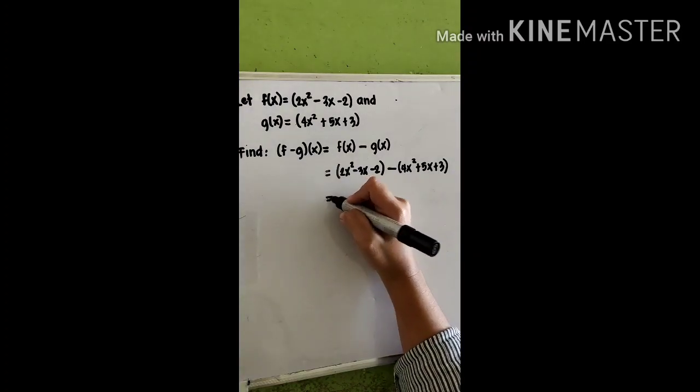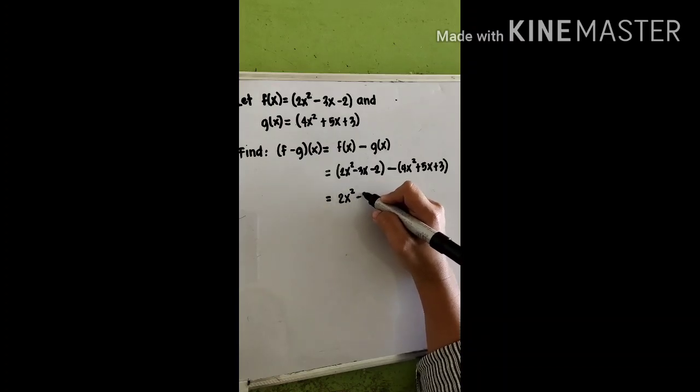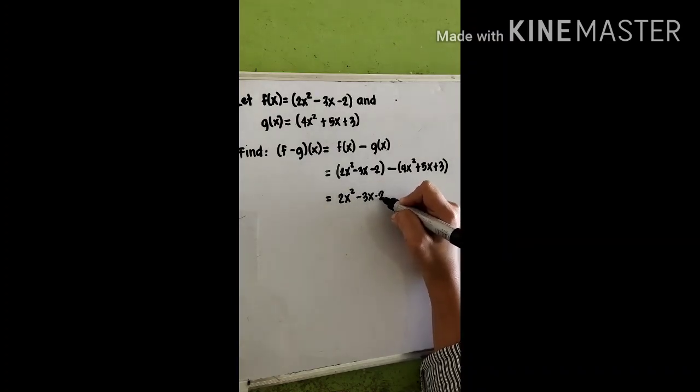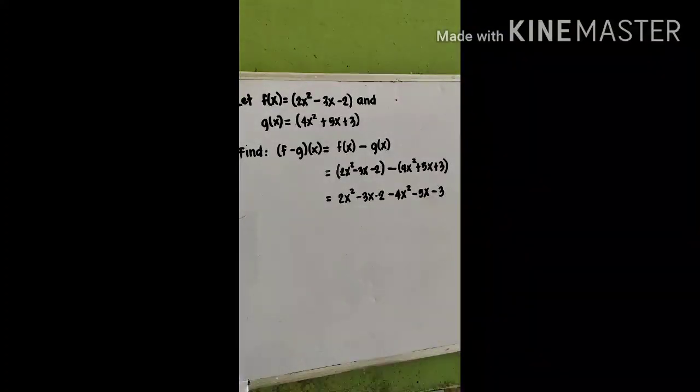So here we have to copy the first function, 2x squared minus 3x minus 2, and then we are going now to distribute the negative sign into the second function. So this will become negative times 4x squared is negative 4x squared, negative times 5x is negative 5x, and negative times 3 is negative 3. So that is now the resulting equation.